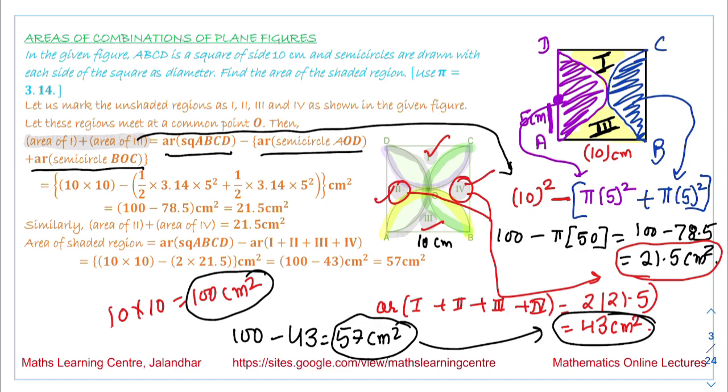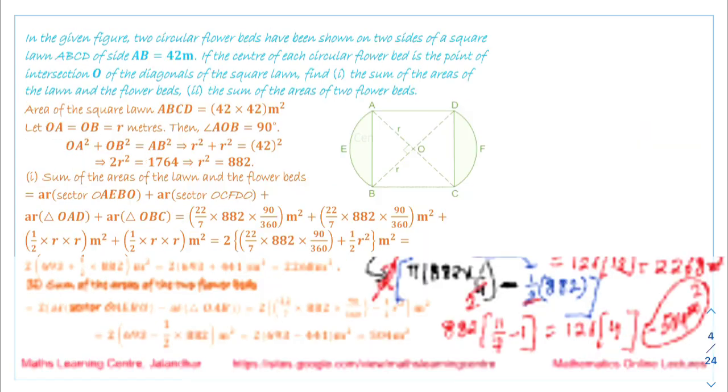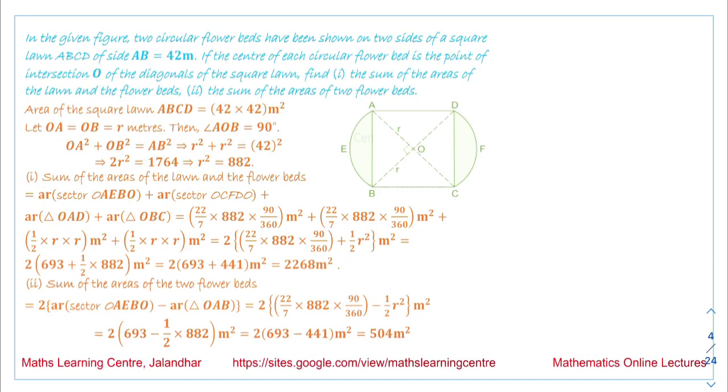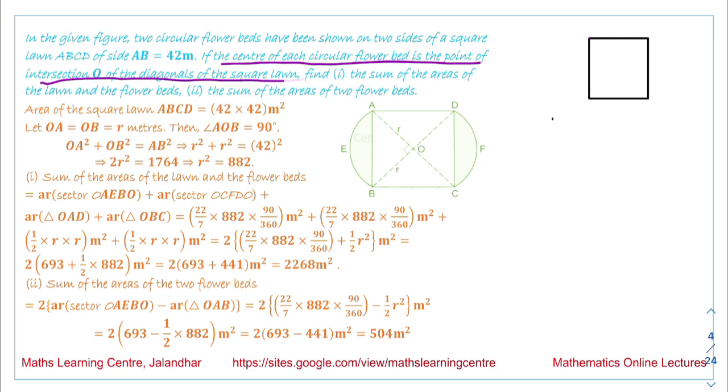Now the next question we have is, in the given figure, two circular flower beds have been shown on two sides of a square lawn ABCD. So we are talking about a square lawn, and there are two flower beds on both sides of the lawn, and it is given that the center of each circular flower bed is the point of intersection O of the diagonals of the square lawn.